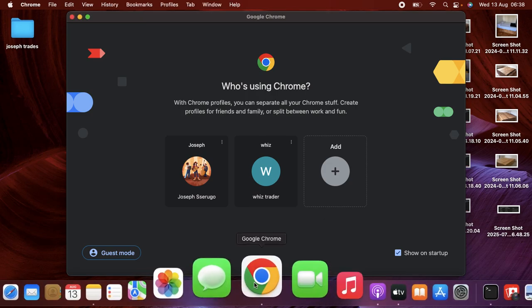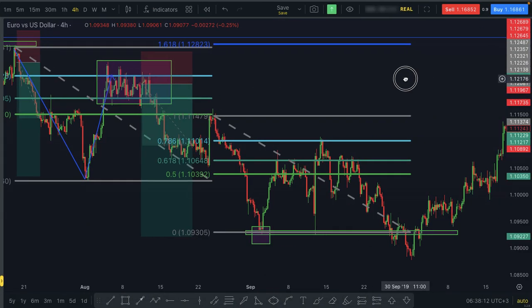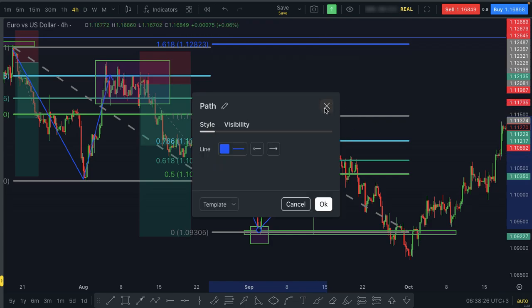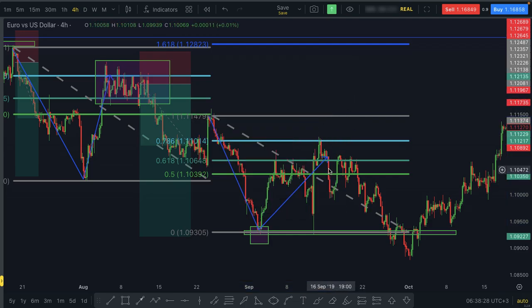Let's go back. Okay, from that point, this is where again we're going to be. Let me first stop this. Set from here to this point, then to this point, then to this point.